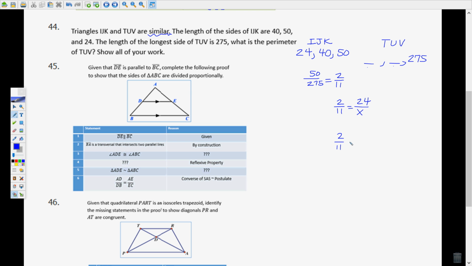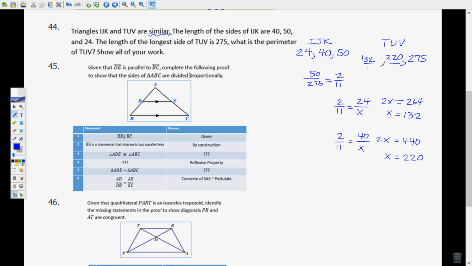And if I say 2 over 11 equals 40 over x, that will give me the middle side of TUV. Remember, when you have proportions, you cross multiply, and then you divide. So this will be the short side, 132. And over here we have 2x equals 440, dividing both sides by 2, x equals 220. So the medium-sized side will be 220.